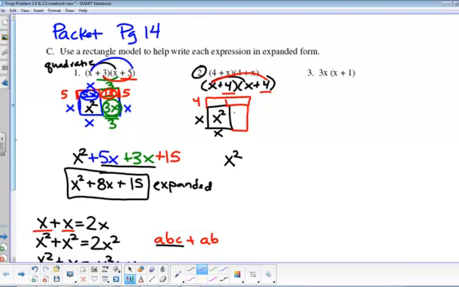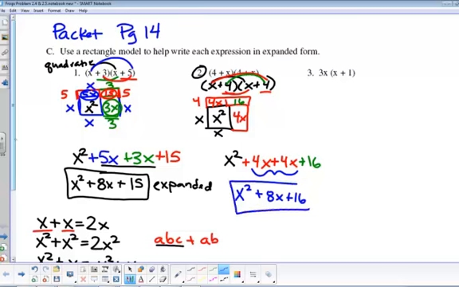X times 4 is 4x, and 4 times x is also 4x. And then 4 times 4 is 16. You do need to put the like terms together, so we have x squared plus 8x plus 16. That's our expanded form.